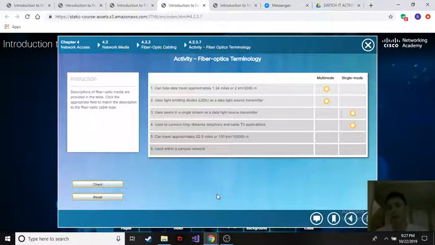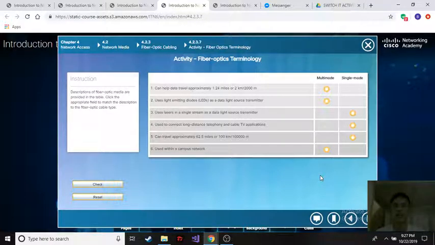So single mode cable type, I believe this is the answer to question number 5. Used within a campus network. Within the campus network is multi-mode.